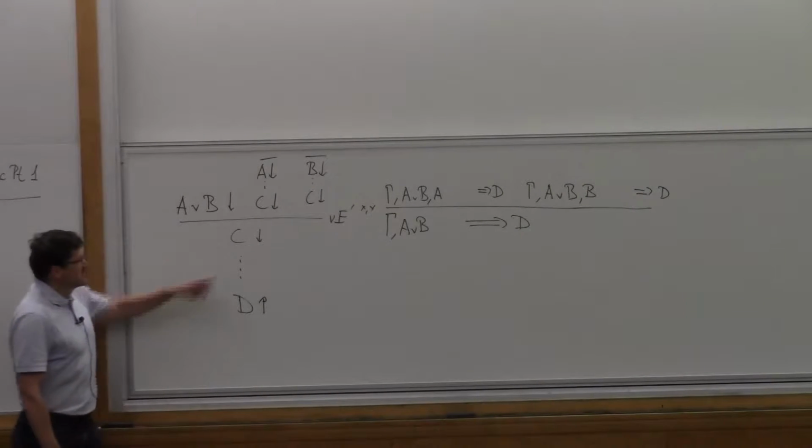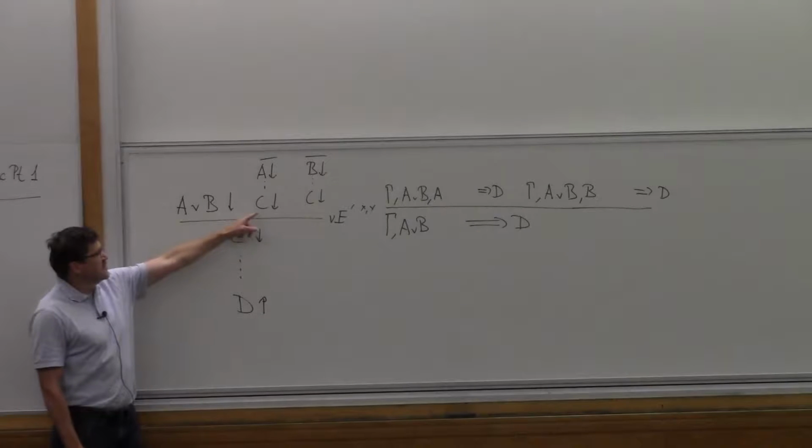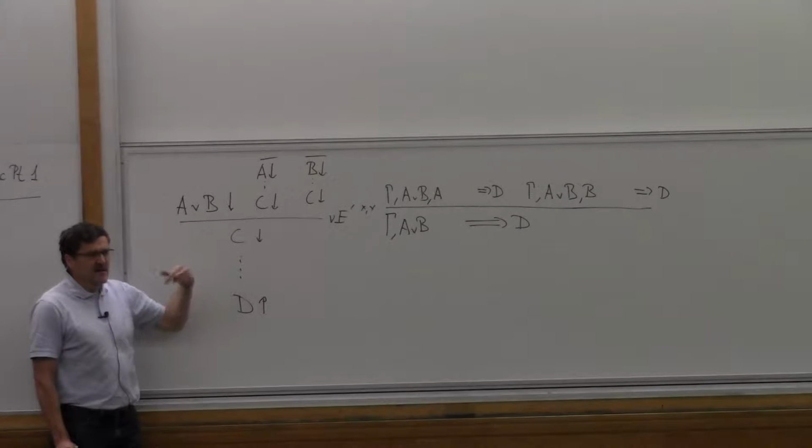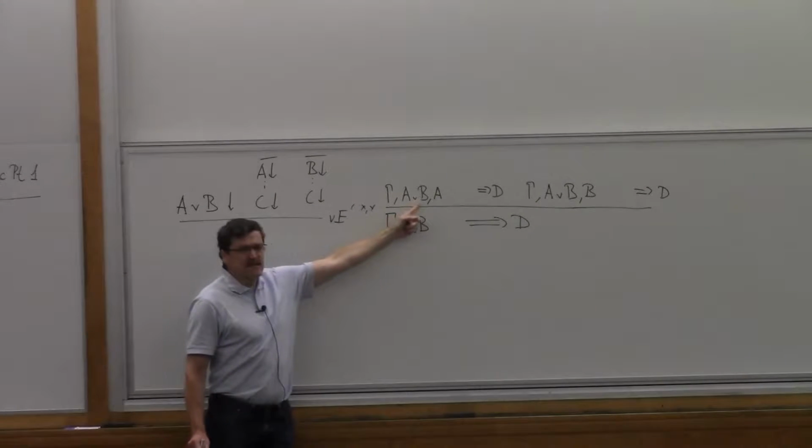But how do you represent the fact that from these assumptions we can deduce C as a conclusion, because the only thing we're allowed to write on the left-hand side is things that we know.